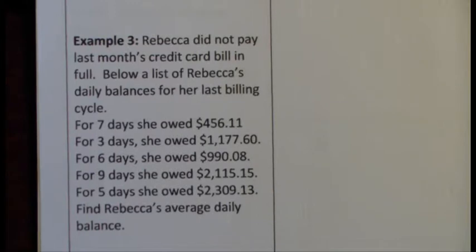For 3 days, she owed $1,177.60. For 6 days, she owed $990.08. For 9 days, she owed $2,115.15, and for 5 days, she owed $2,309.13. Find Rebecca's average daily balance.